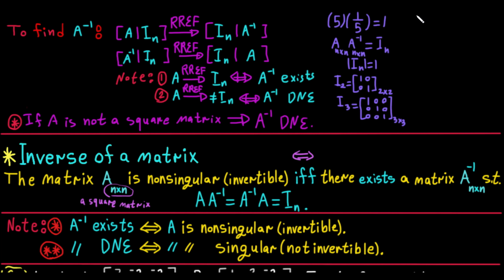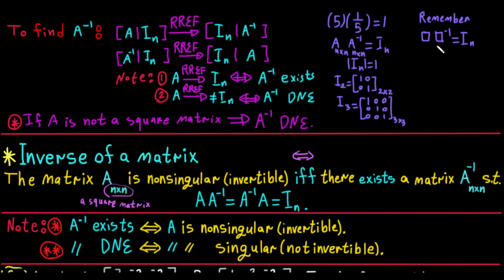So now remember, if you have any matrix A multiplied by its inverse, it has to be equal to the identity with size n, here n by n, here n by n.